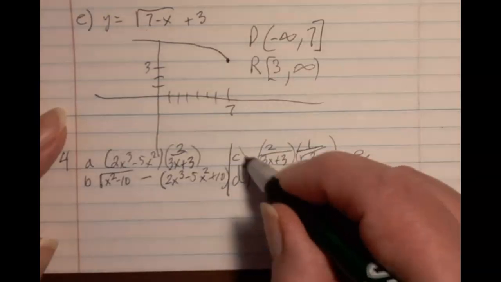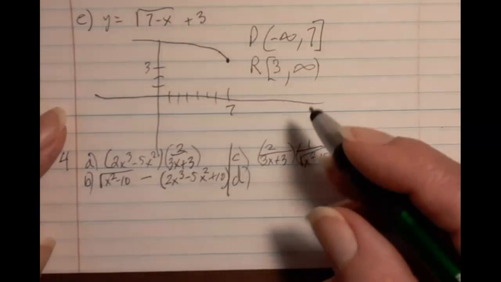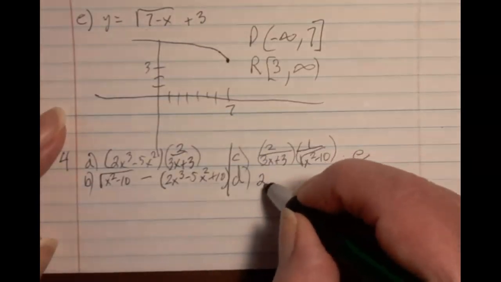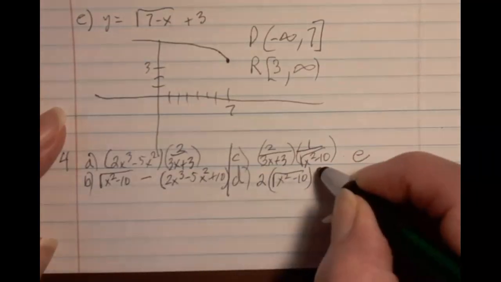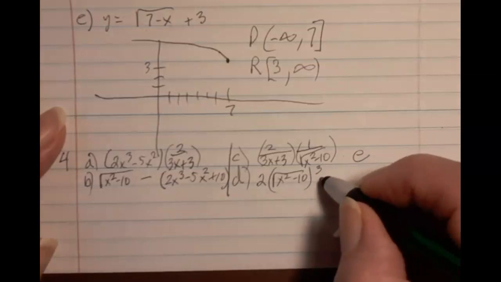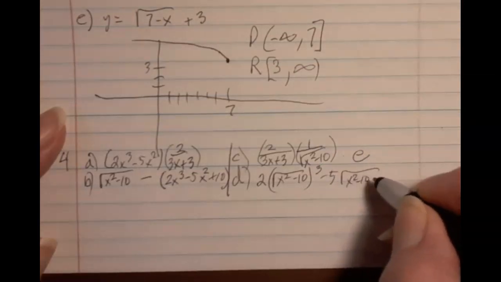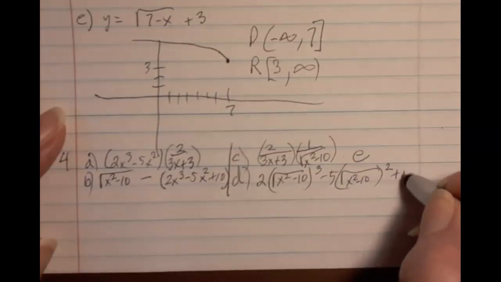For part D, f of g means I'm going to the f equation. Everywhere I see an x, I'm putting g. So this is 2 square root of x squared minus 10 cubed minus 5 square root of x squared minus 10 squared plus 10.